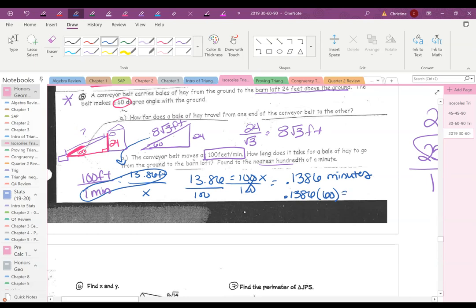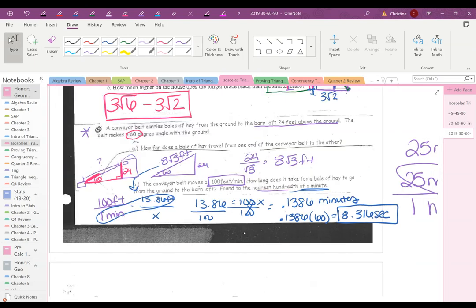Now I can say 0.1386 times 60. I understand what 8.316 seconds are. I can count to 8 and be like, oh, that was 8 seconds. So sometimes, I would probably just change the way that this question is worded, but sometimes it's better to just get that representation so you understand the question.